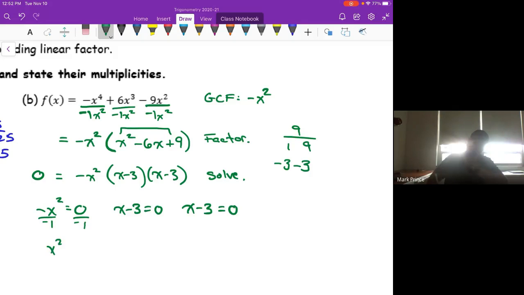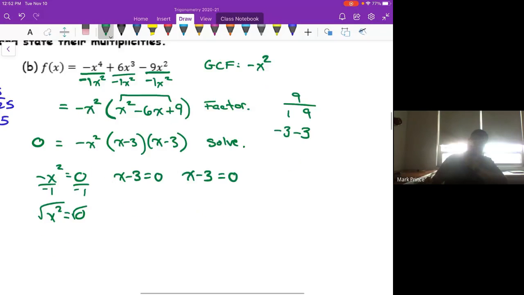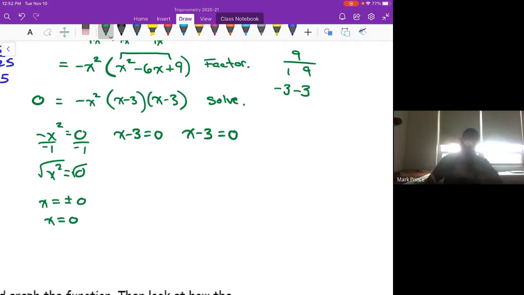I get x squared equals 0. Take the square root of x from both sides. So x equals plus or minus 0, which doesn't make any sense. But that means we have 0 not once, but twice. So we have 0 has a multiplicity of 2.